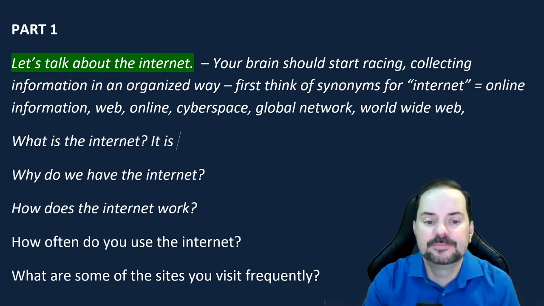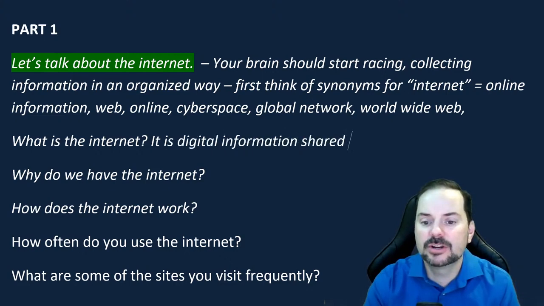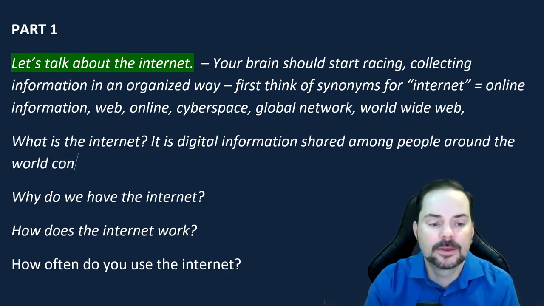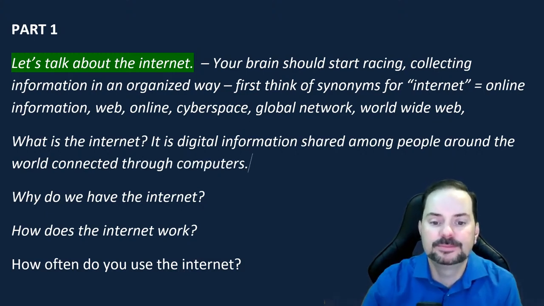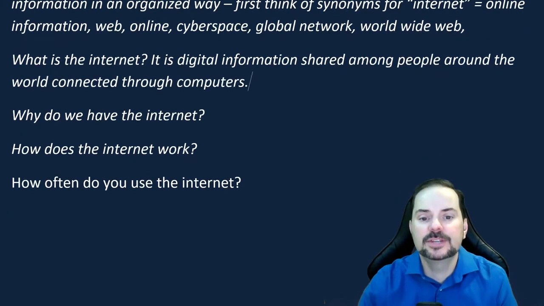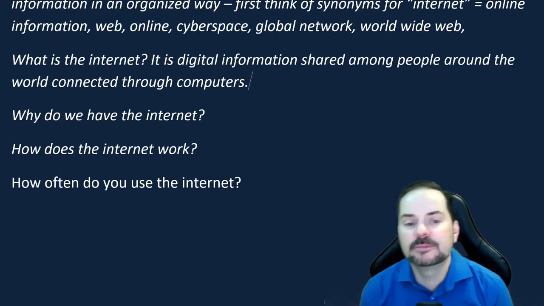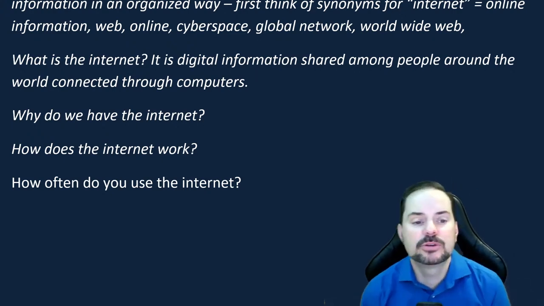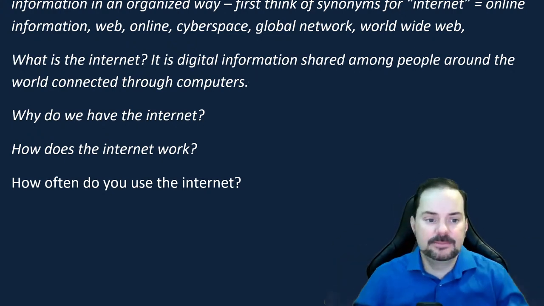It is digital information shared among people around the world, connected through computers, right? So what is the internet? It is digital information shared among people around the world connected through computers. Okay, keep that in mind.